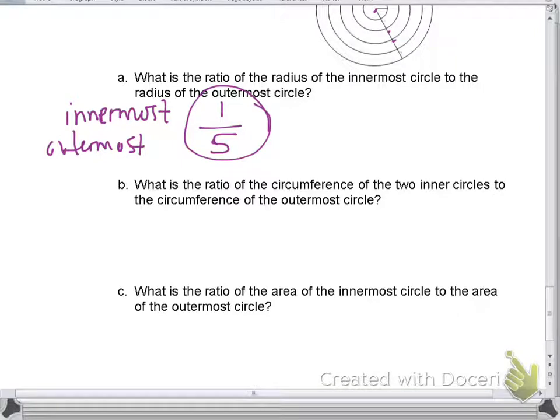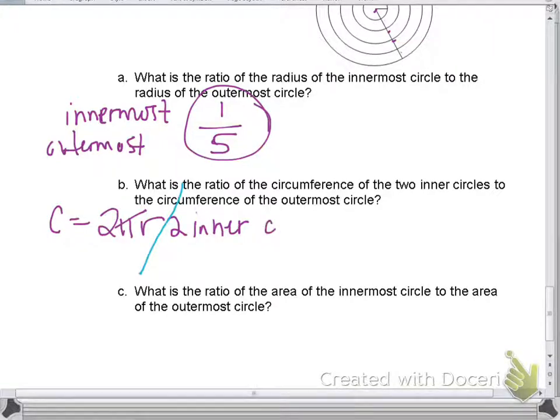The ratio of the circumference is equal to 2 pi r. So the two inner circles, maybe I should separate these here.